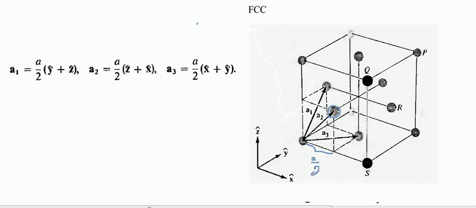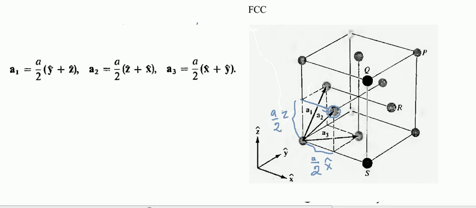So the a2 has two components, one in the x direction, that is a by 2 x cap, and another component in the z direction. Let me write it; here I've drawn. Yes, so this part is the z direction, so this will be a by 2 z cap.